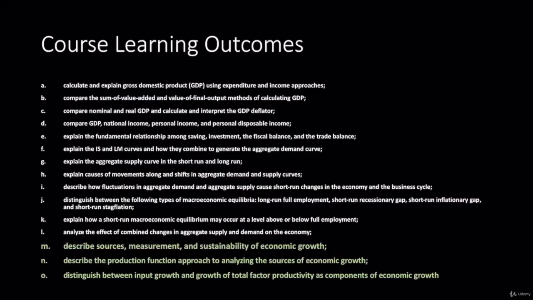In this video, we're going to cover learning outcomes M, N, and O. So far we saw that the economy was principally described by GDP, and GDP can be determined by consumption levels, saving levels, investment levels, interest rates, exports, exchange rates, etc. And we saw, more importantly, that there was something called a sustainable level of production called full employment.